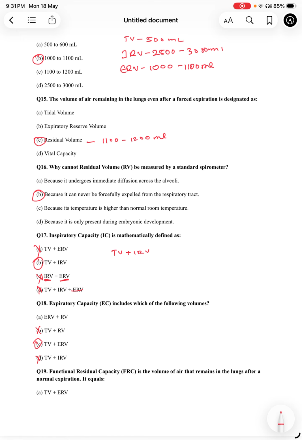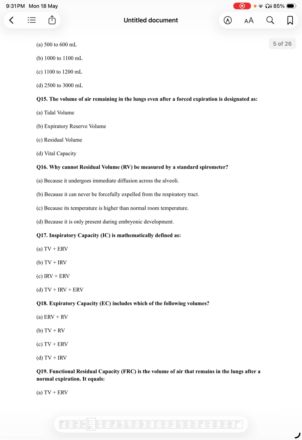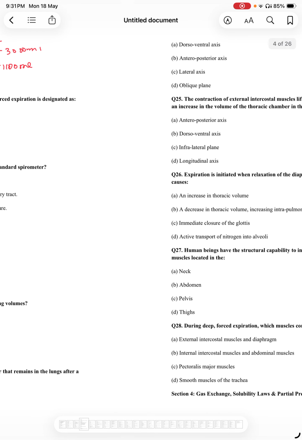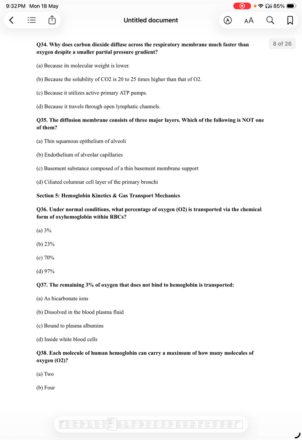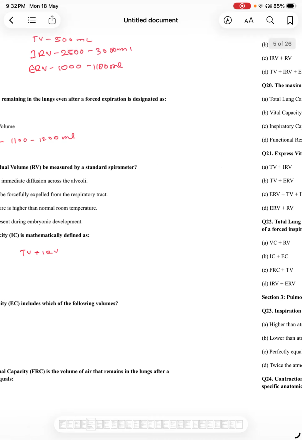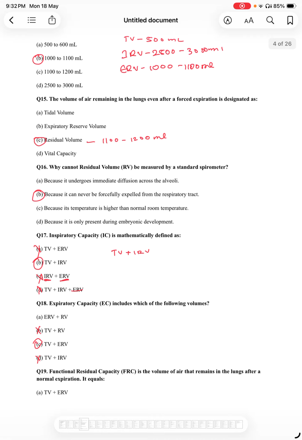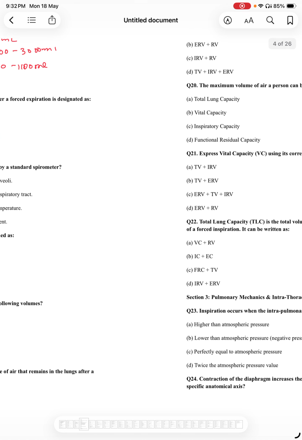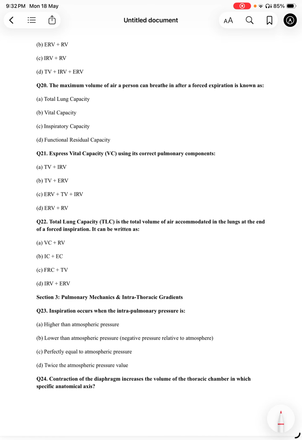It equals TV plus ERV, ERV plus RV, IRV plus RV, or TV plus IRV plus ERV. So, what is functional residual capacity? I just told it to you now, correct?